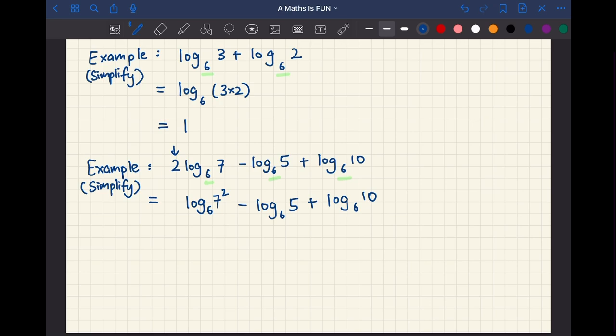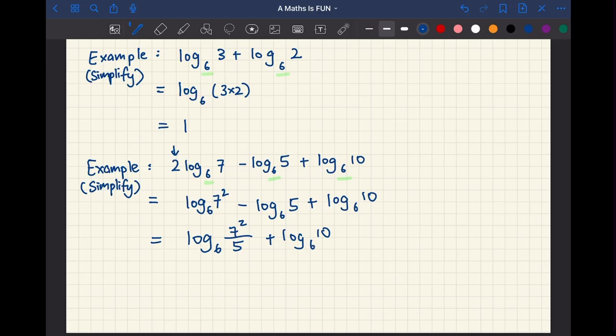Next, I will be able to combine. Here I can first combine the first two terms, or you can reach the last step without going step by step, and that's fine as well. So we will have log base 6 of 7 to the power of 2 over 5, right? And then plus log of 10 base 6.